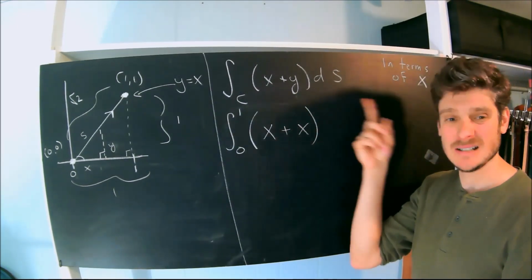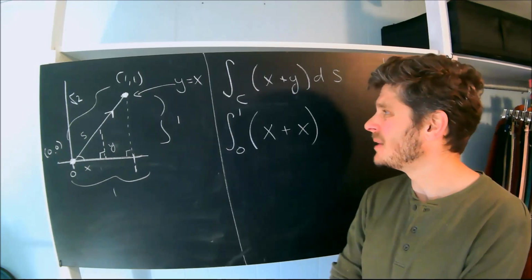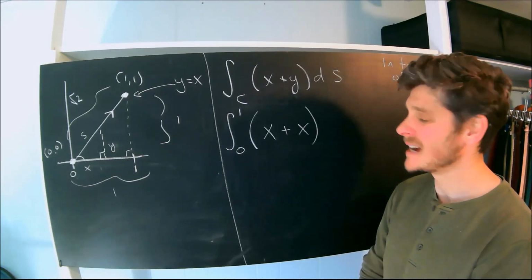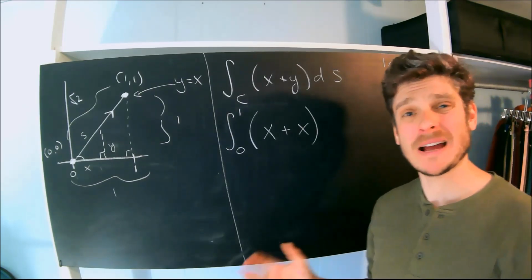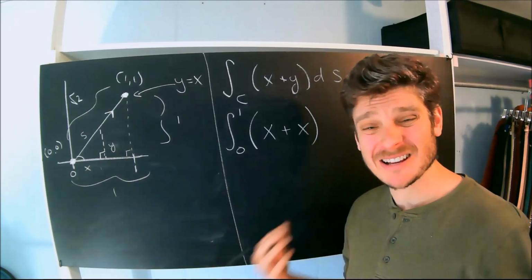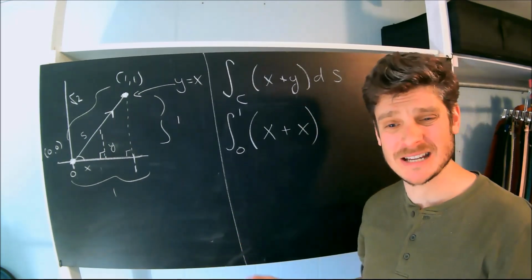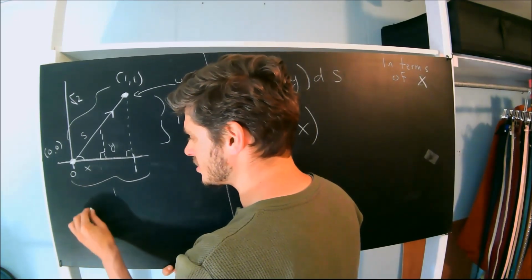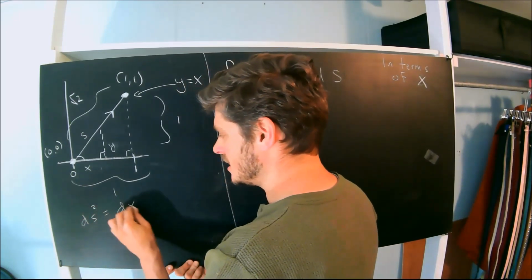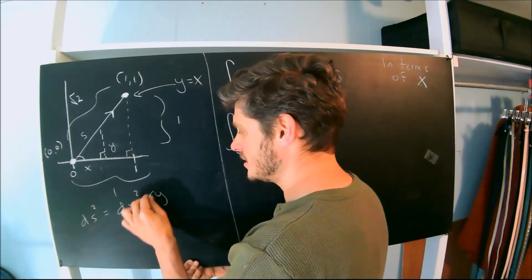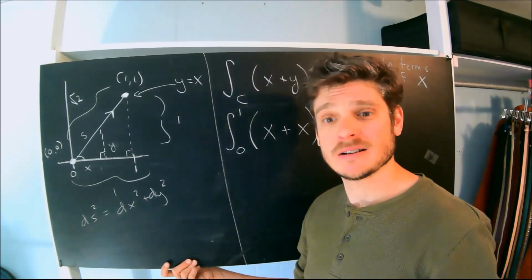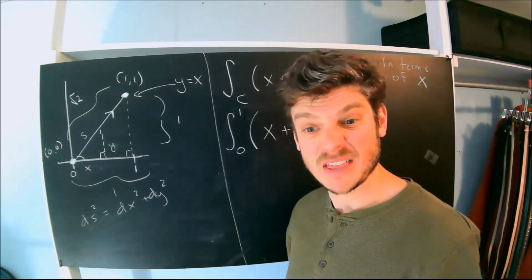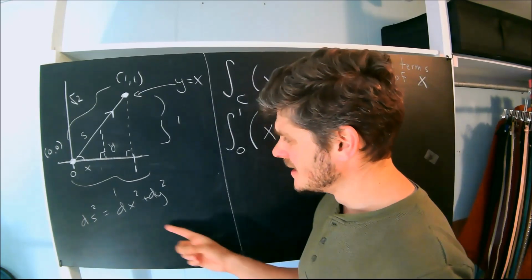Now, what about that ds? What am I going to do with that ds? Well, now we go back to the Pythagorean theorem, the distance formula. We defined what ds was back when we did arc length. We know that ds squared equals dx squared plus dy squared, right? That's my Pythagorean theorem.